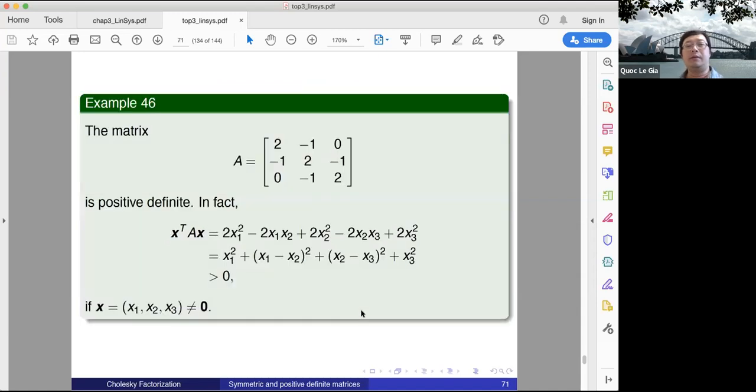So this is another example. In this case, it's a sum of 4 squares, and the only way all of them equal 0 is x1 equals 0, x3 equals 0, and hence x2 has to equal 0.